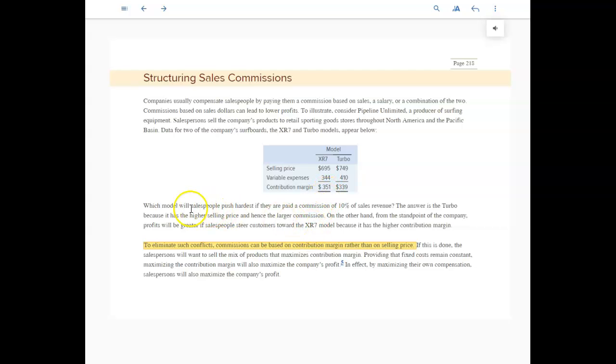But if you base the sales commission on contribution margin, so I guess it's not really a sales commission. Well, I guess it is. Like a sales commission based on contribution margin per unit, then the highest contribution margin units will try to be sold, and therefore the company will benefit as well as the salesperson. Okay, just a quick thing there, no big deal.